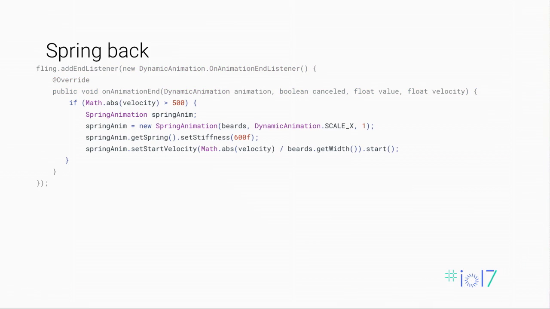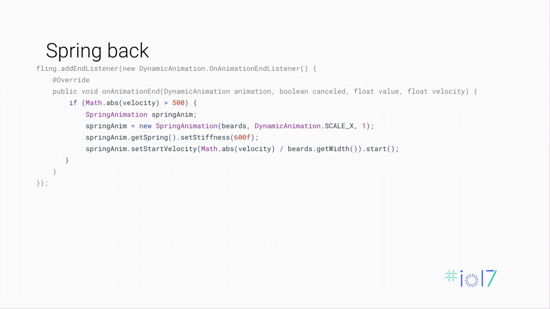If the velocity is high enough, then we're going to create the spring animation for the stretching effect. And we're going to create the spring animation for this whole list on its scale x property so it can stretch horizontally. And as always, we're changing the spring constants to make the animation look good for this particular case.